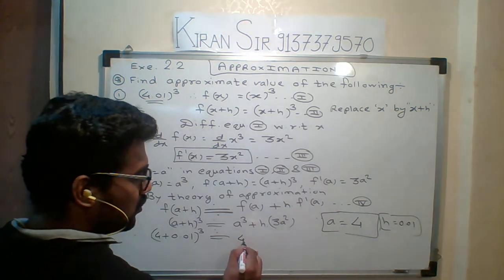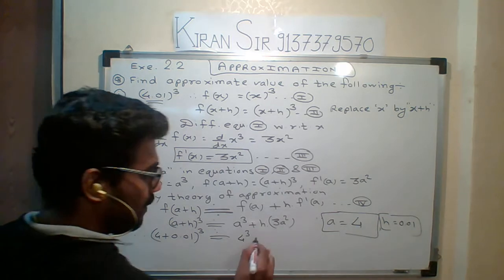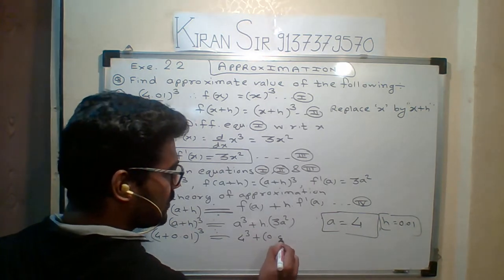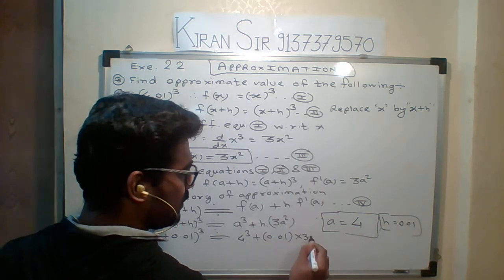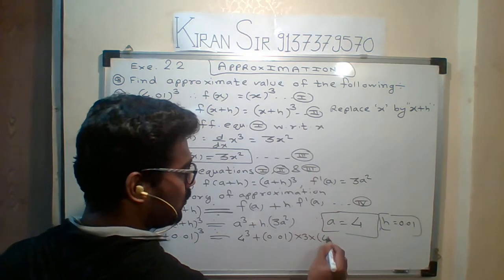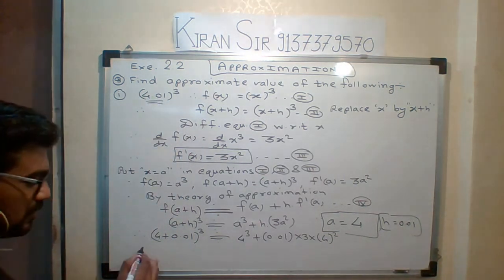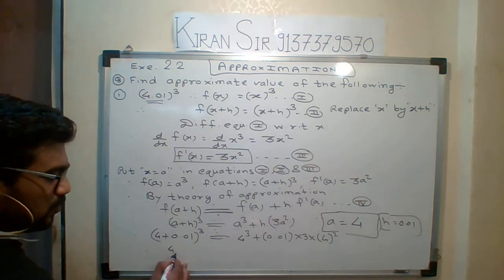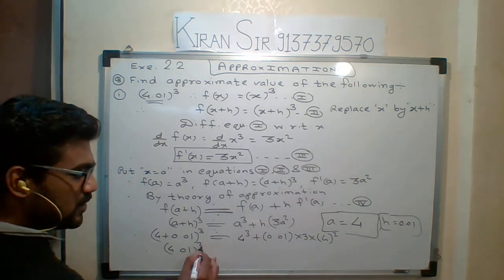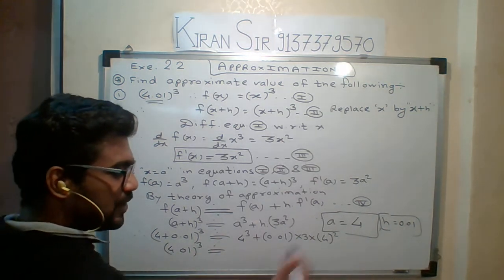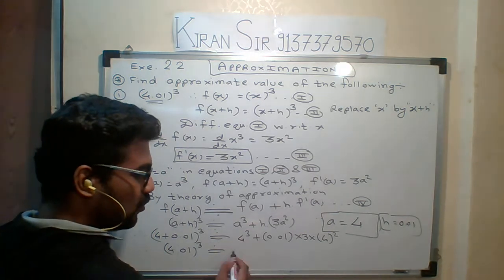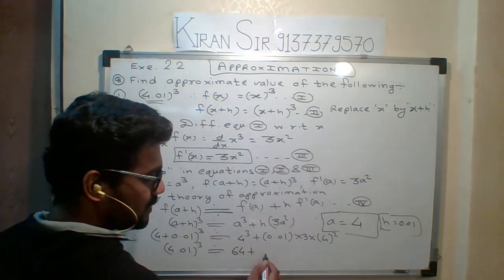So here 4 plus 0.01 the whole cube is approximately equal to a cube. What is a? 4 का क्यूब प्लस h की वैल्यू 0.01 multiplied by 3 multiplied by a, which is 4 का स्क्वायर. So now you have to find out what is 4 plus 0.01, 4.01, the whole cube. यही तो मुझे find out करना है. According to this particular calculation, we will get the answer. What is 4 का cube? 64 plus.